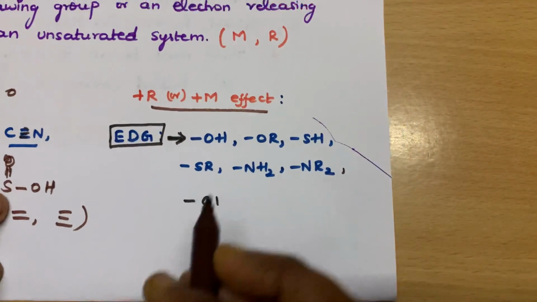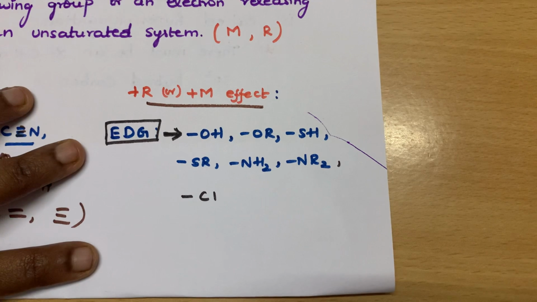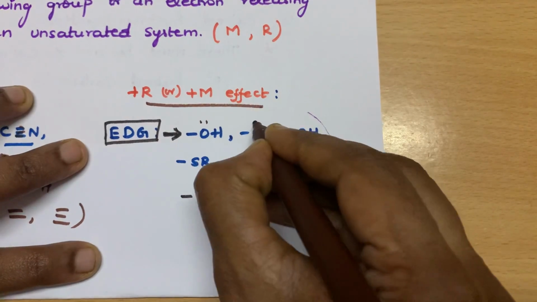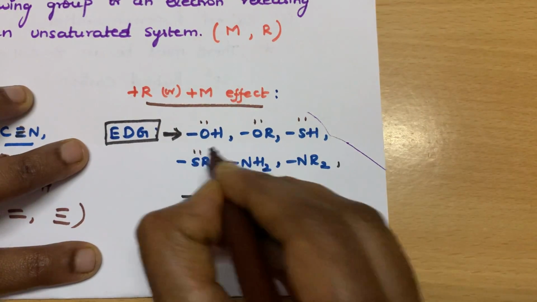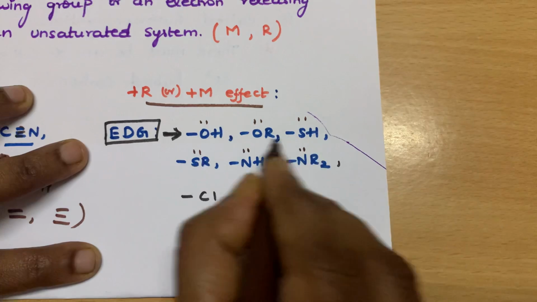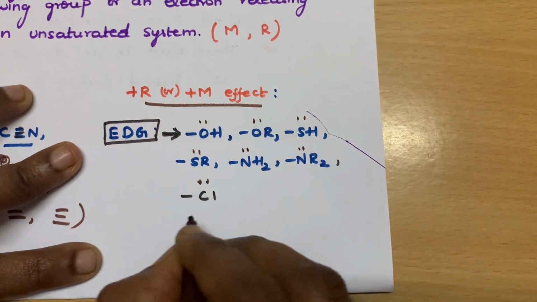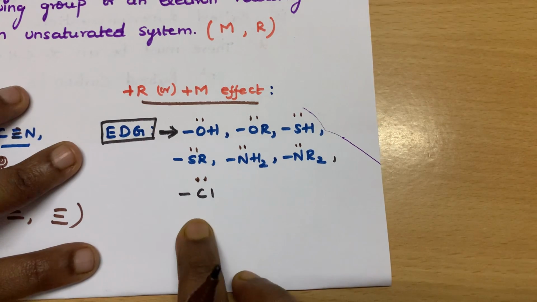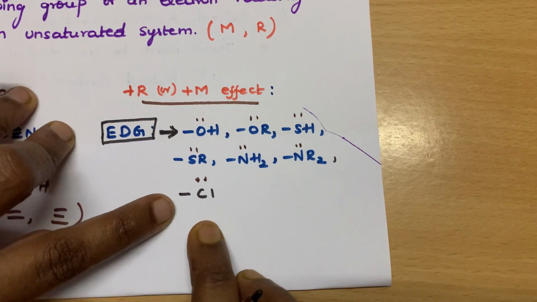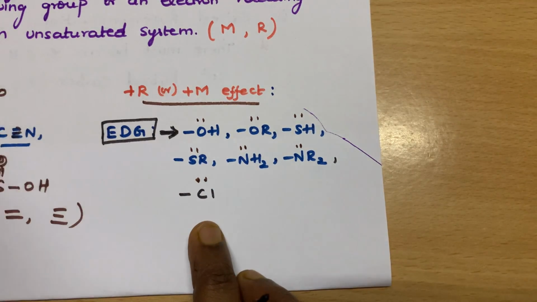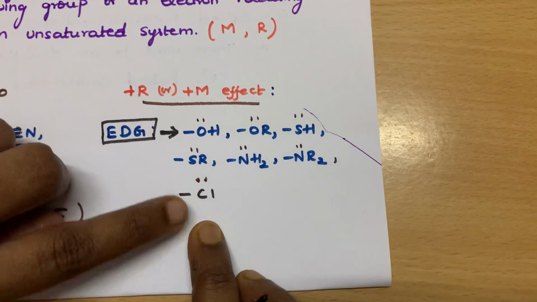Plus R effect: all the groups that show plus resonance or positive mesomeric effect will have lone pair electrons on them. Remember, oxygen, nitrogen and sulfur have lone pairs. Even halogens have lone pairs, three lone pairs. But the thing is, halogens are highly electronegative, so they will not tend to donate. But it is having plus R effect.